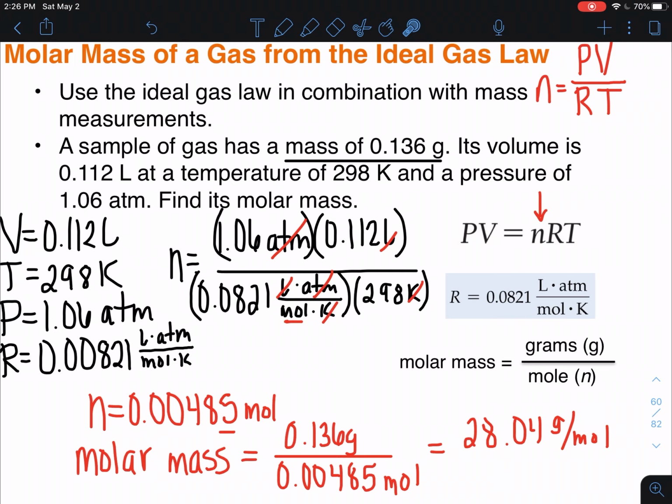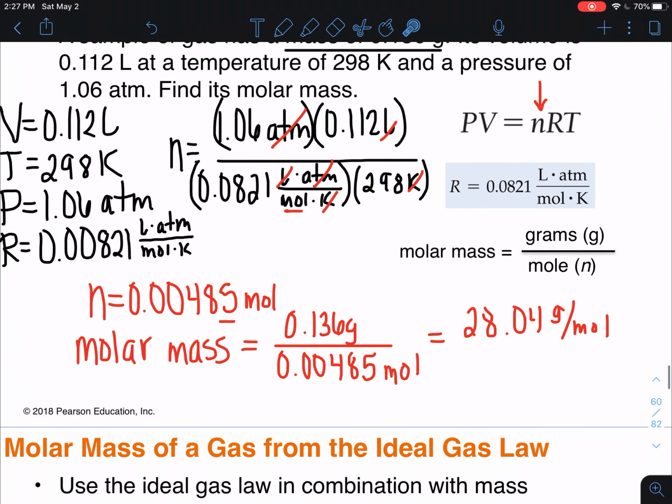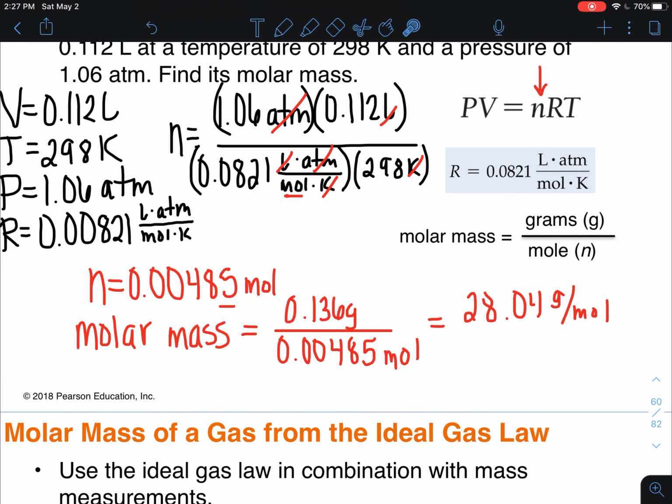Is it one of the noble gases? I don't see anything that's 28.04. So it must be some kind of diatomic. If it's a diatomic, we need to take 28.04 and divide it by 2, and that's 14.02, which is very close to nitrogen. So the identity of this gas is probably N2.